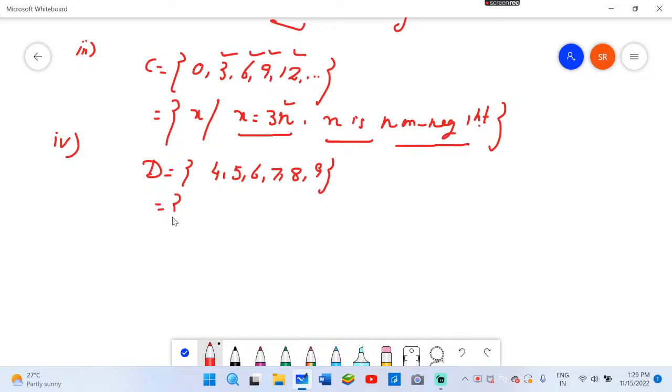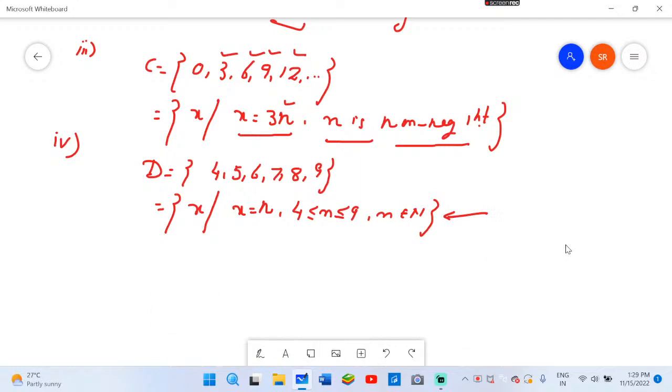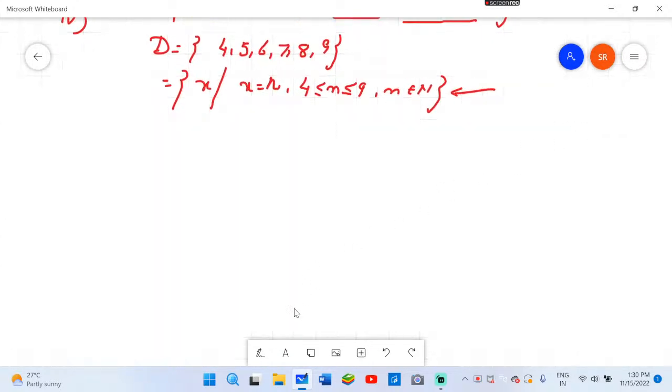So it is x such that x is simply a natural number, and here n is at most 9 and at least 4. Of course, n belongs to natural numbers. So this becomes again set builder form.